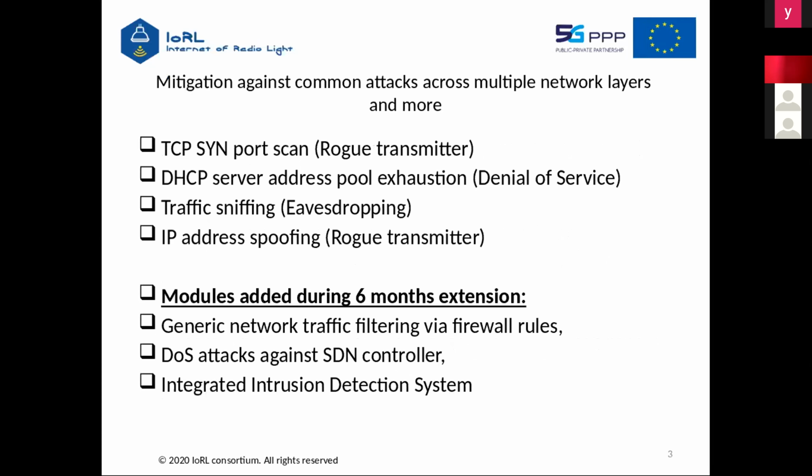We created security modules to mitigate common attacks, and they can be divided into 3 basic groups. The first is rogue transmitter, so TCP SYN port scan. The second is denial of service, and the third is eavesdropping.